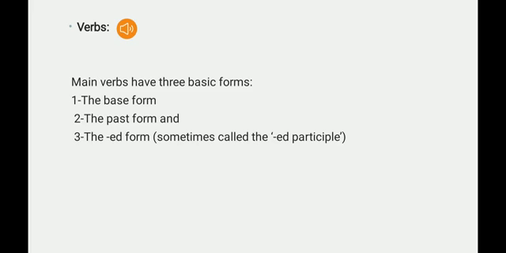I will explain this in the coming slide, where you will understand it properly. For now, remember the terms. What are the three basic forms called? The first form is called the base form, the second form is called the past form, and the third form is called the ed form, and sometimes it's also called the ed participle.